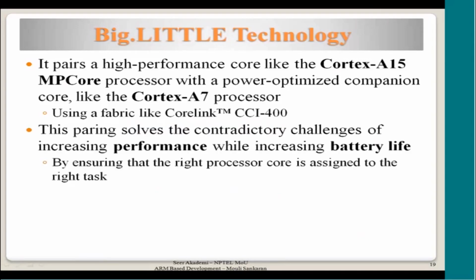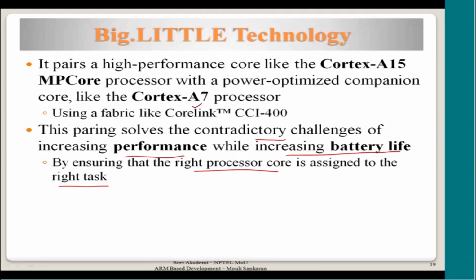This pairing solves the contradictory challenges of increasing the performance while increasing the battery life. That means by reducing the power consumption, by ensuring that the right processor core is assigned to the right task. So the task which involves high performance will be assigned to this A15 core, and the task which involves a low end job will be done by the ARM A7.